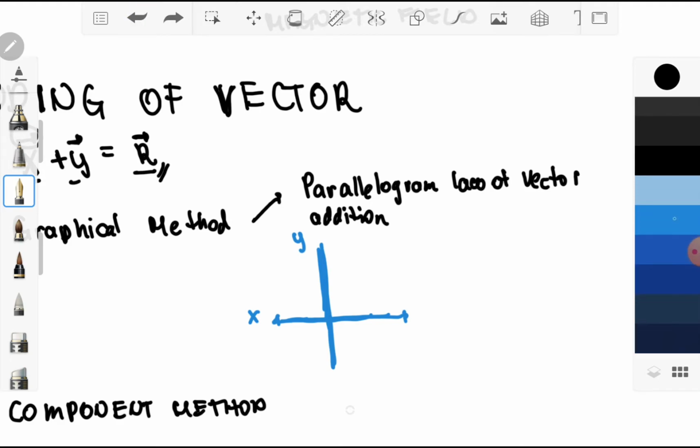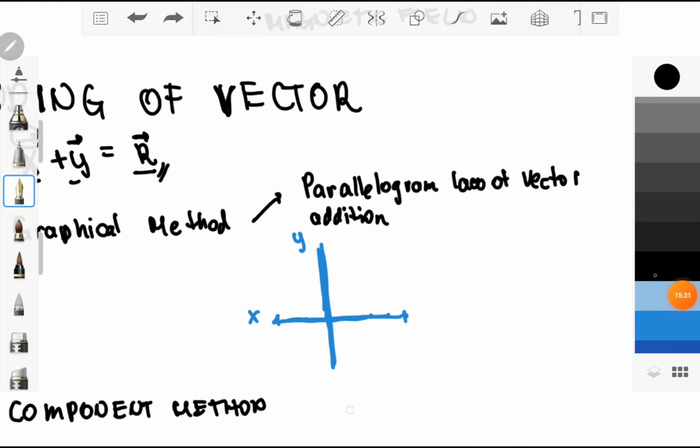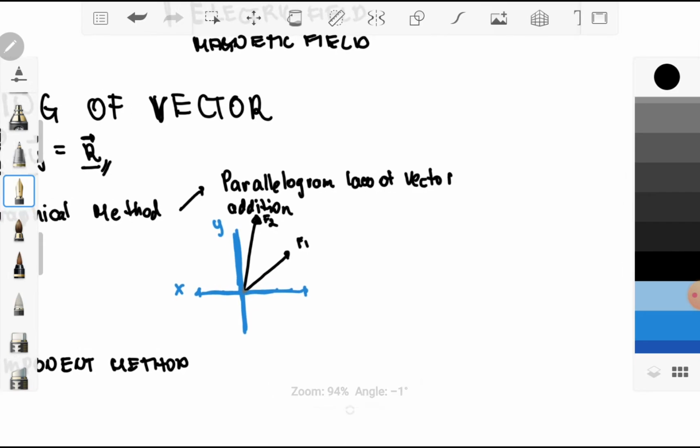Take note that I will use forces to indicate the vector. So how will I add my F1 and F2?